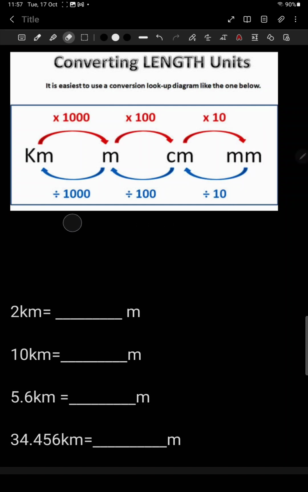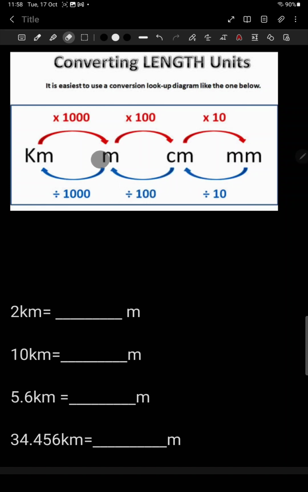And when we are coming back, we know that the biggest unit in this table is kilometer, and the smallest is millimeter. These are the most common units. There are many other prefixes and units as well, but these are the most common. When converting back from millimeter to centimeter, it will be divided by 10.